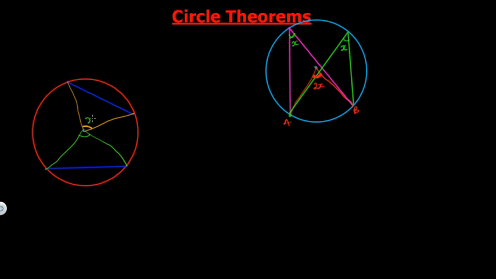That is, if this is x, this will also be x, since these two chords are equal. So we've learned that, and we shall learn more in our subsequent tutorials. But let's try problems around these two theorems that we've learned.